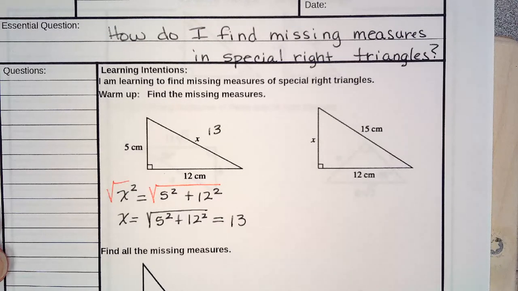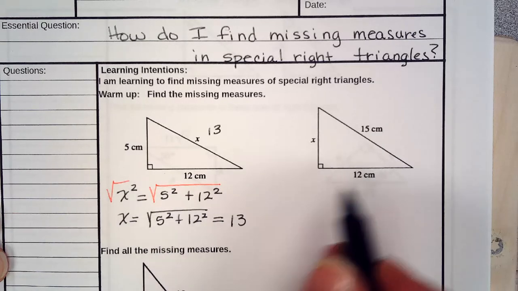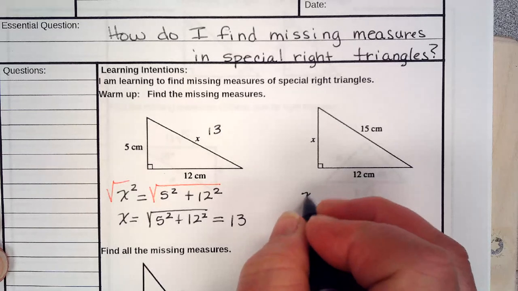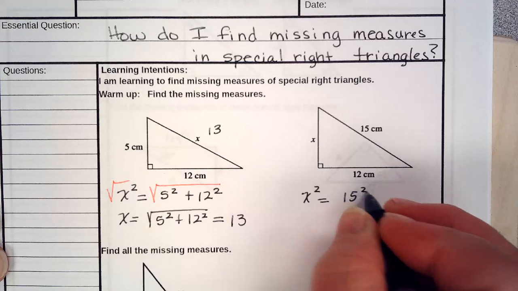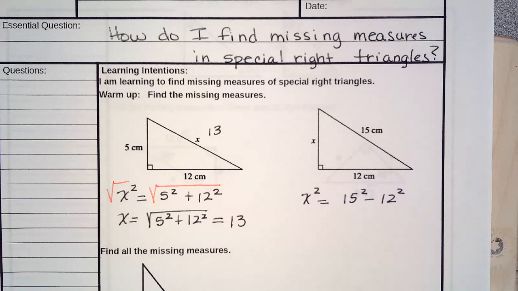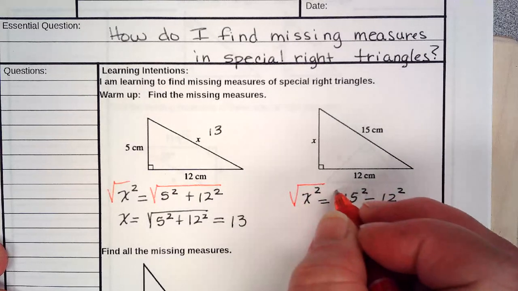Well, this time we're looking for a leg. When we look for the hypotenuse, we add. When we look for a leg, we subtract. So x squared is equal to 15 squared minus 12 squared. Opposite of squaring is taking the square root of.